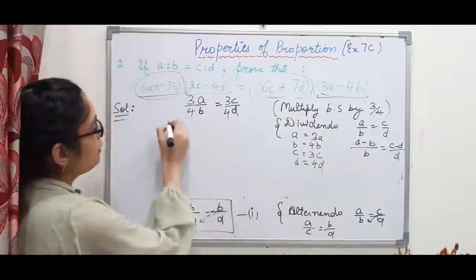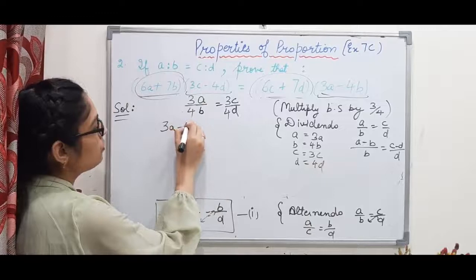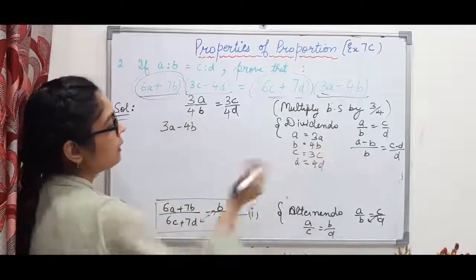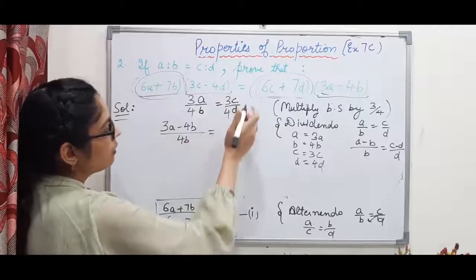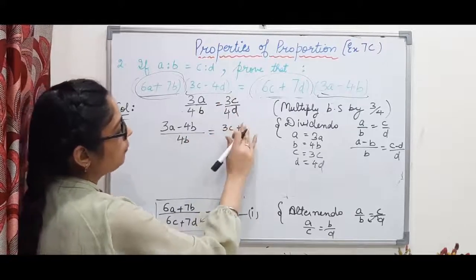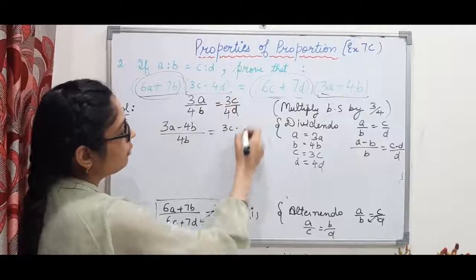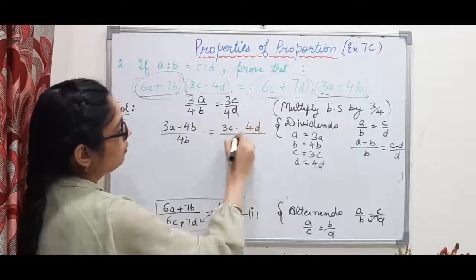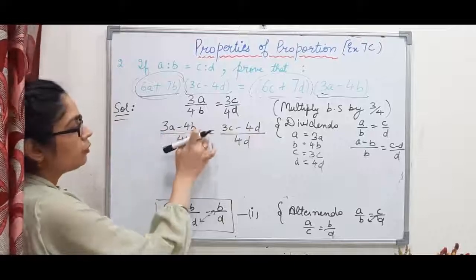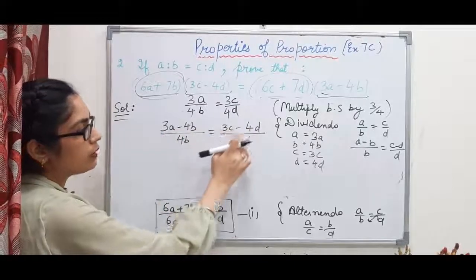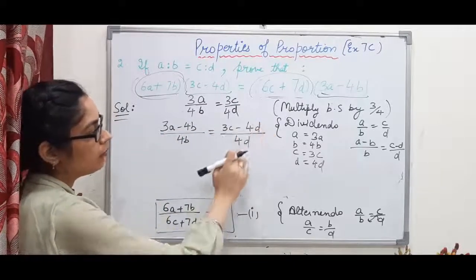So a minus b means 3a minus 4b by 4b, and as it is we have to write 3c minus 4d by 4d. So 3a minus 4b by 4b is equal to 3c minus 4d by 4d.